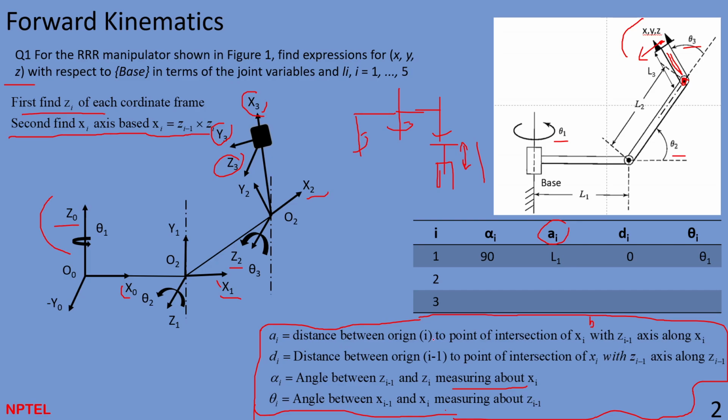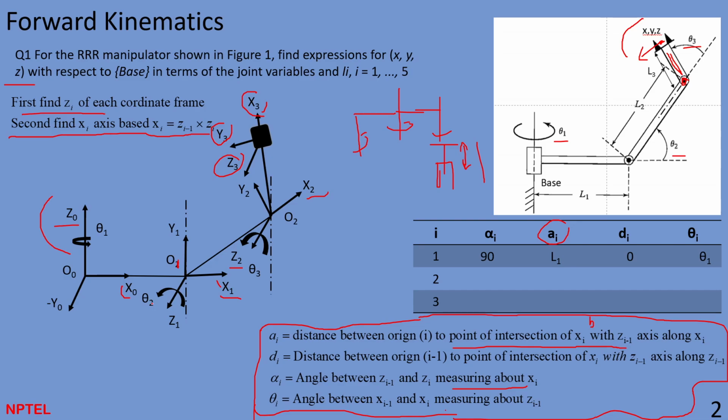So first we need to find out the origin of the i frame. This is our origin, so this will be O1. We need to find a distance. The first point we know. The second point we need to find out. It's the point of intersection of xi and z(i-1).